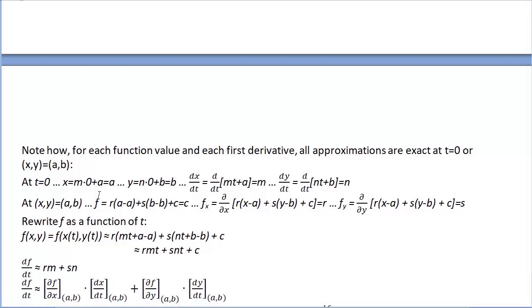So r was just df/dx at the point (a, b), and m was just dx/dt at this particular point. And then s was df/dy at my particular point, and n was dy/dt at this particular point. So here's what we know. We know that df/dt is approximately that expression right there.